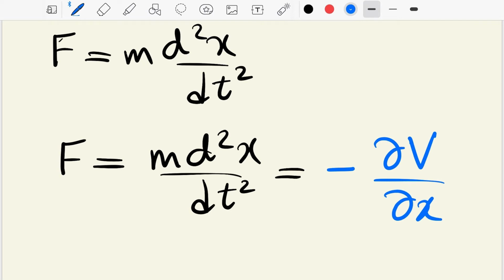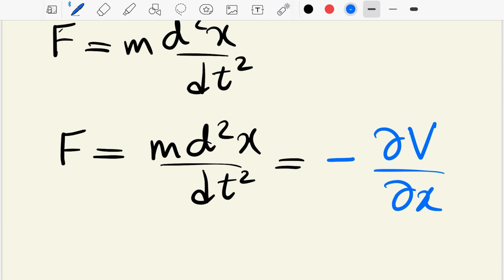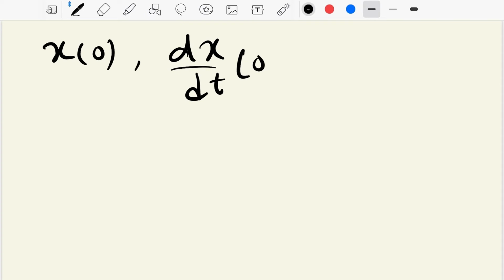We can generalize this equation to higher dimensions as well. This is a differential equation, so when we have the initial conditions, for example, x at t equals 0 and dx over dt at t equals 0, we can solve this differential equation and obtain x as a function of time.